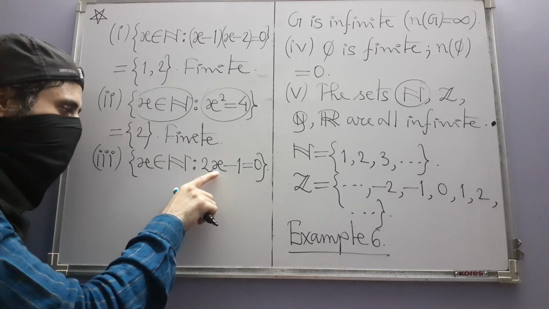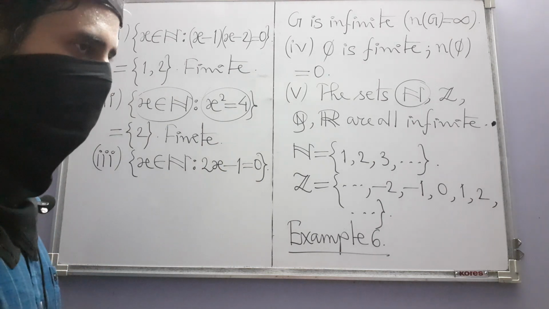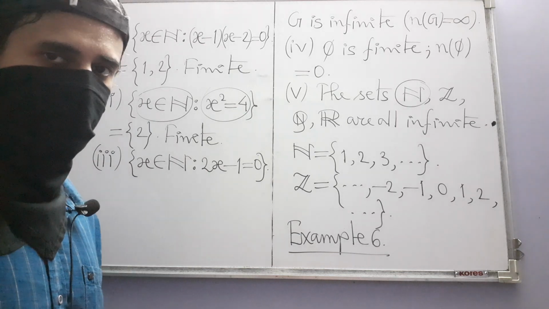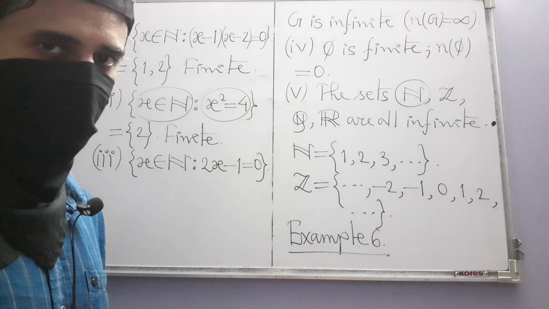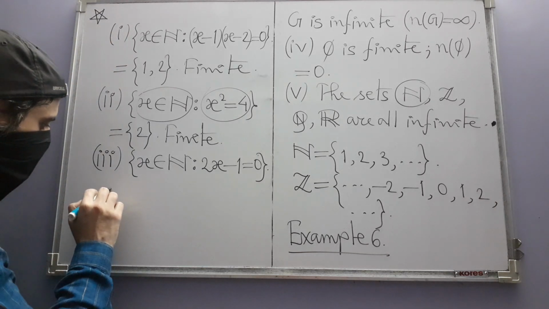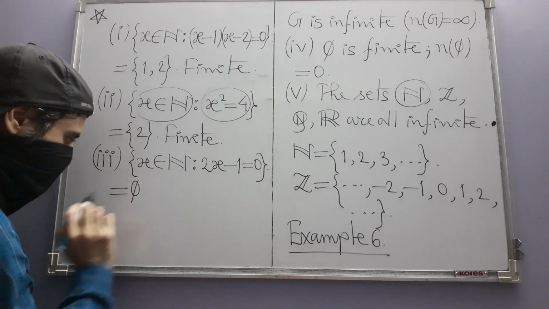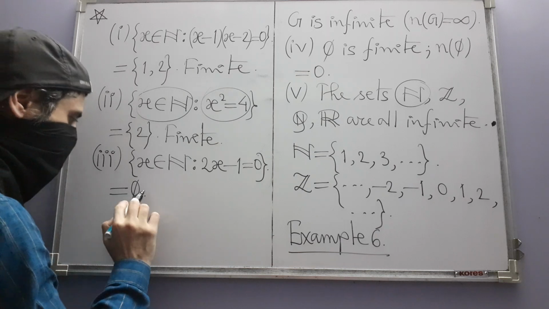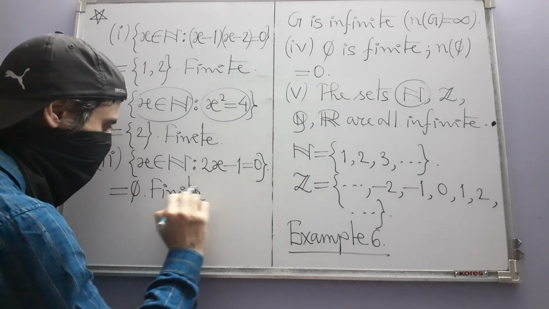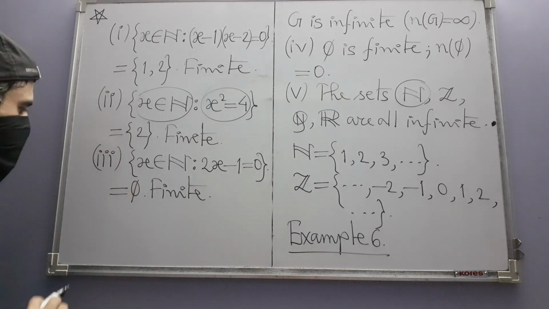Because the only solution of this equation is x equal to 1 divided by 2. And 1 divided by 2 is not a natural number. It's a rational number, but it's not natural. So this set is empty, but nevertheless finite. And the number of elements in it is 0.